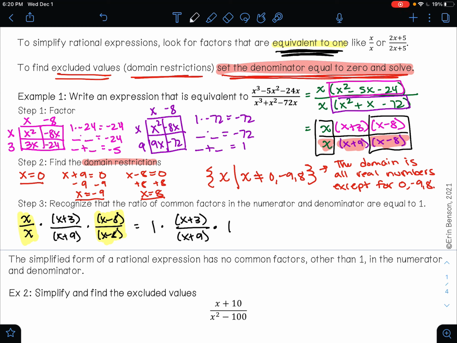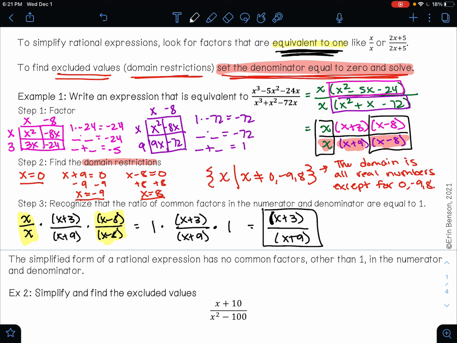Well, now I have 1 times x plus 3 over x plus 9 times 1. Well, that just means I have x plus 3 over x plus 9. This is my answer.